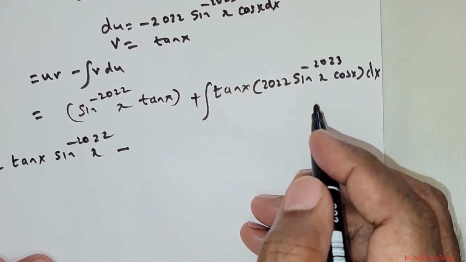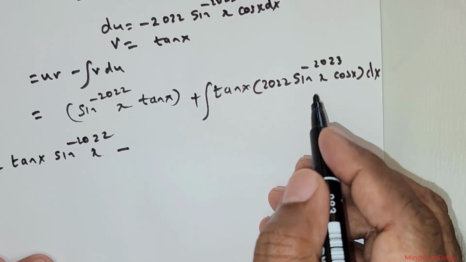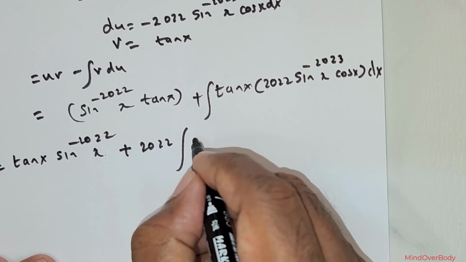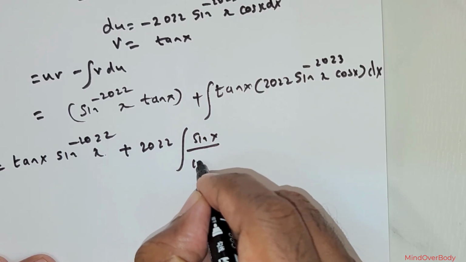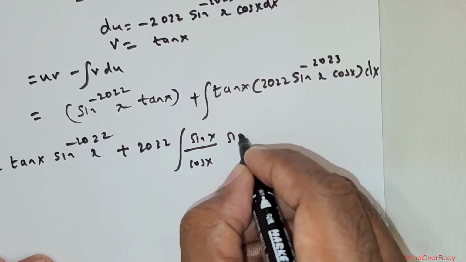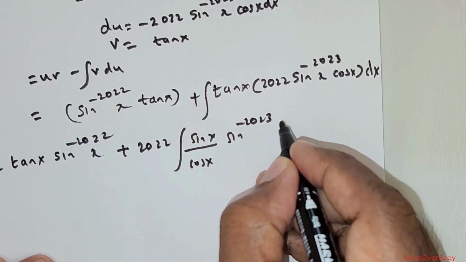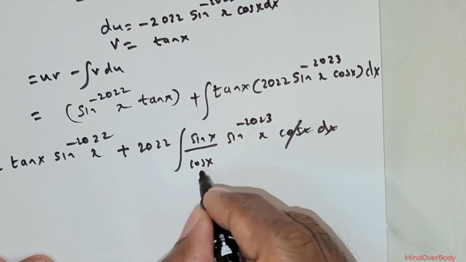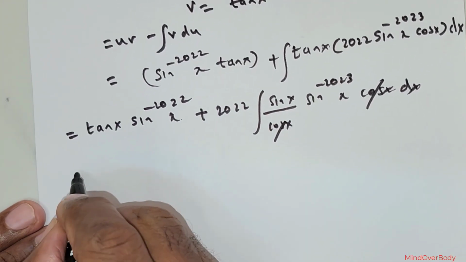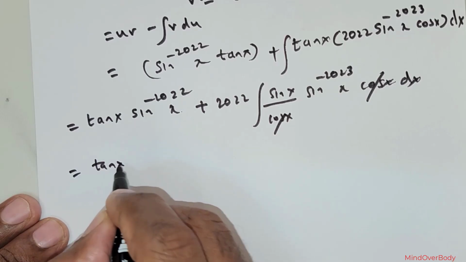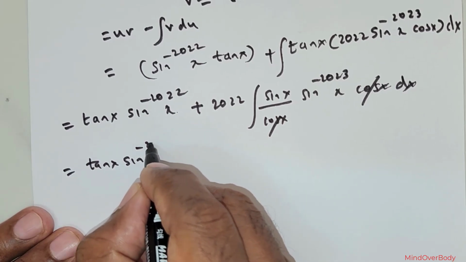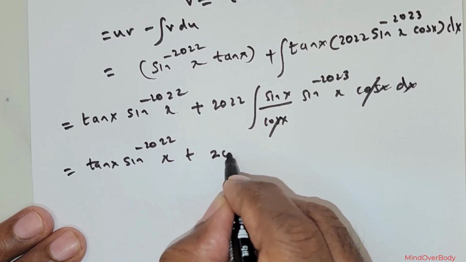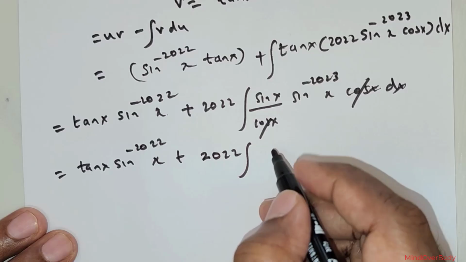Now we can rewrite tan x as sine x divided by cos x, times sine raised to the power of negative 2023 x times cos x times dx. Cos x is cancelled. So this is rewritten as tan x times sine raised to the power of negative 2022 x plus 2022 times the integral.